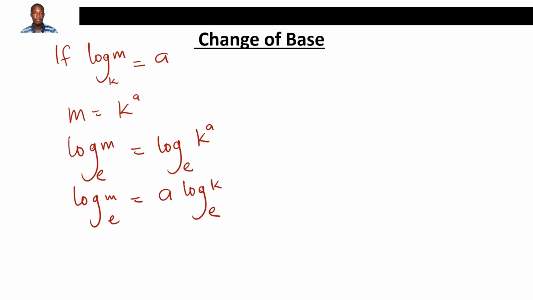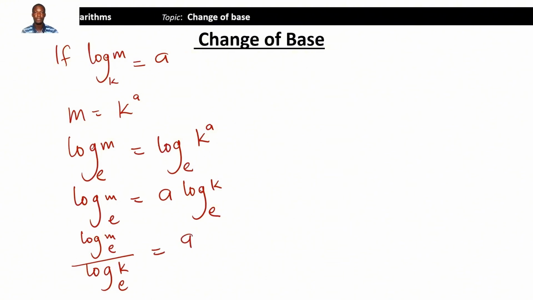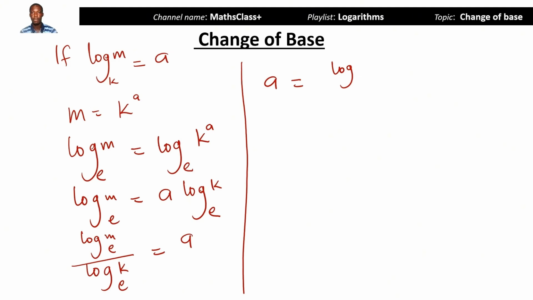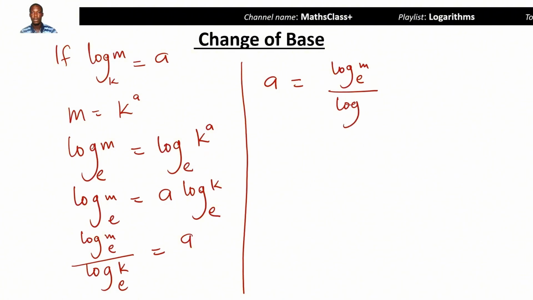So I'll have log of m to the base e divided by log of k to the base e, which is equal to a. So let's say a is equal to log m base e divided by log k base e.